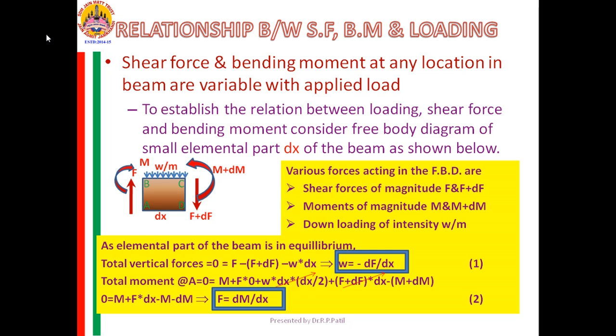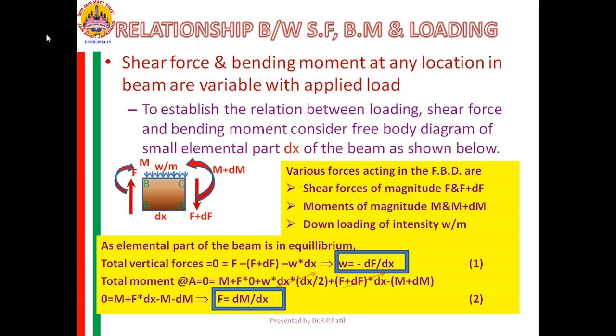I have not taken the couple in vertical forces because the couple M indicates one vertical force upward and other vertical force downward, and distance between is 1 unit, so that the moment is equal to M into 1 and we are getting it as M. That is why couple will not come into the calculation.